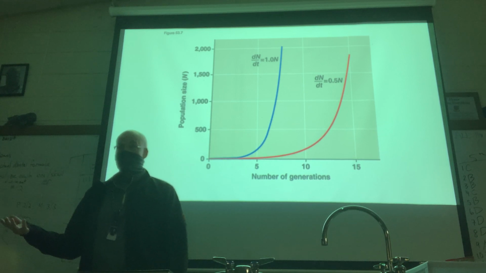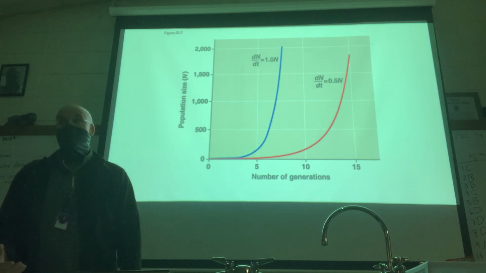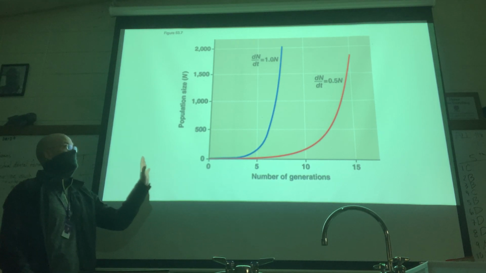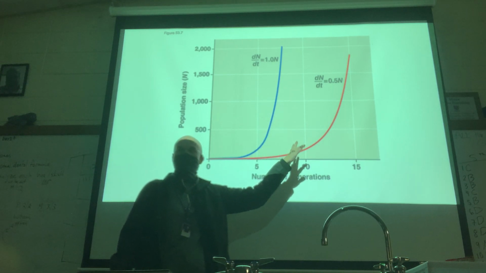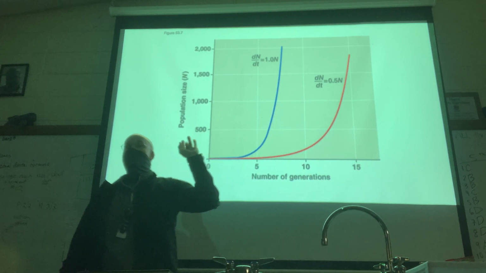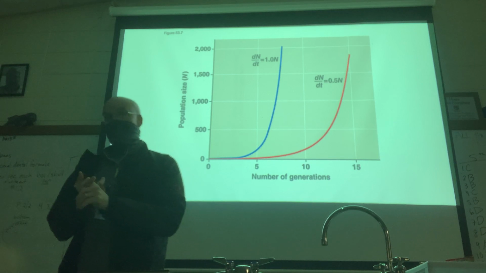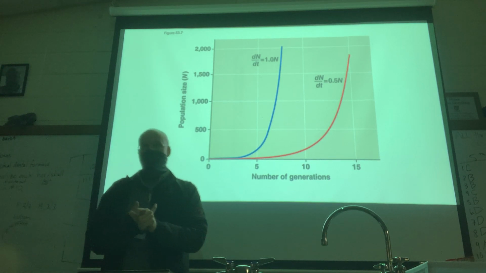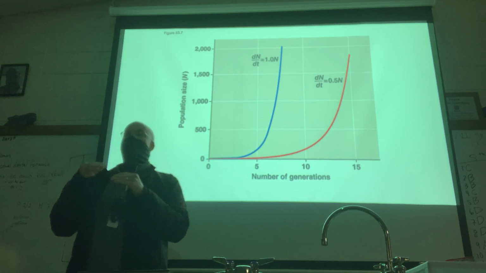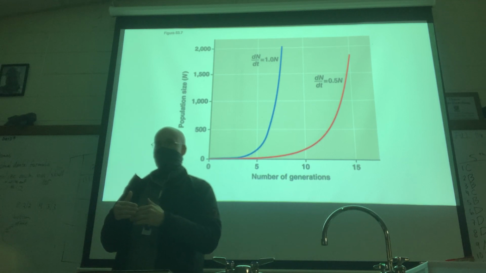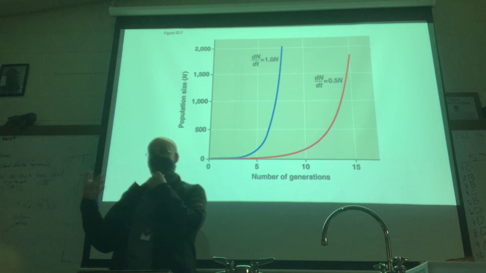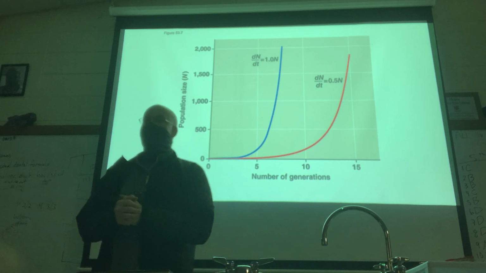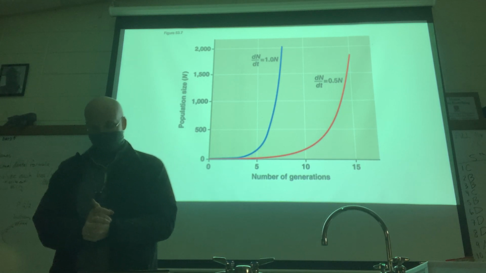Run out of resources, run out of space. So in the next section, after introducing this basic idea of exponential growth, we're going to look at things like carrying capacity. We're going to do that next week and talk about what limits this exponential growth, how different populations deal with hitting that limit, and then move on from there.